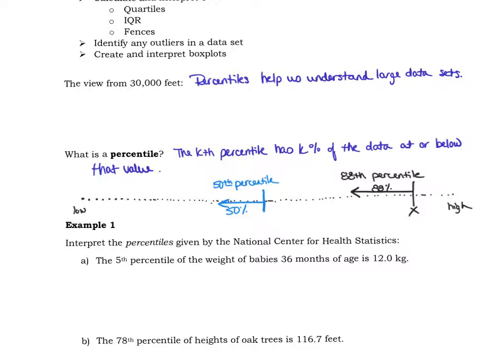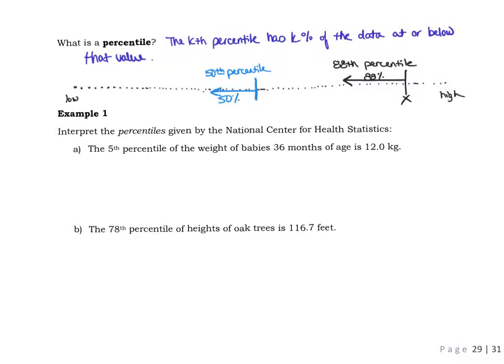So let's do some interpretation of percentiles. All right, interpret the percentile. The 5th percentile of the weight of babies 36 months of age, that is 3 years old, but they do still refer to them as babies in the health statistics, is 12.0 kilograms. So what does that mean?